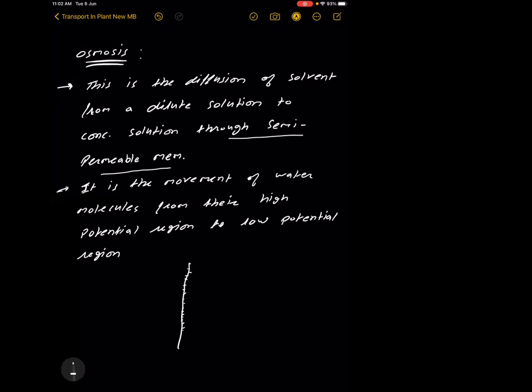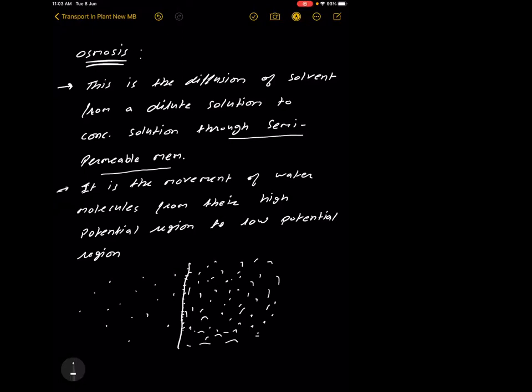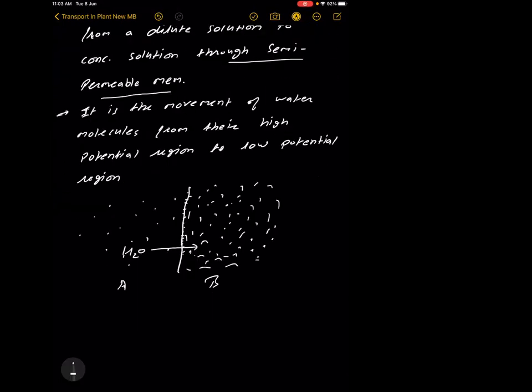This is the semi-permeable membrane. And this solution is dilute solution, suppose. And the second solution is concentrated. So obviously water moves from the dilute solution to the concentrated solution. It is just like that experiment.